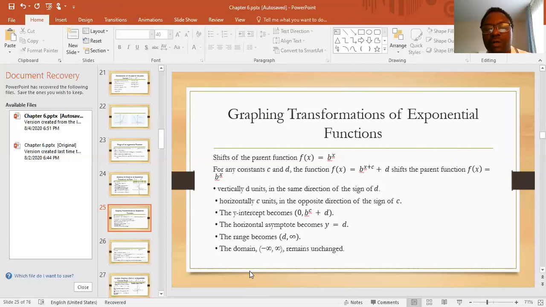The horizontal asymptote is y equals d. The range becomes d to infinity, and the domain is negative infinity to infinity. The domain remains unchanged.